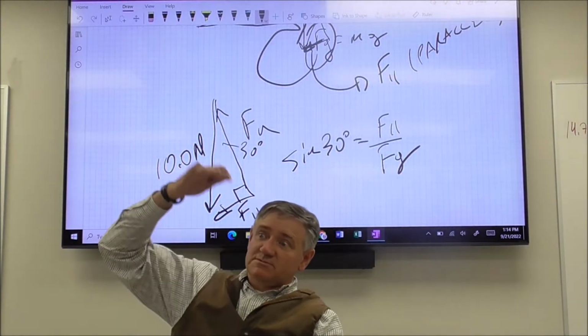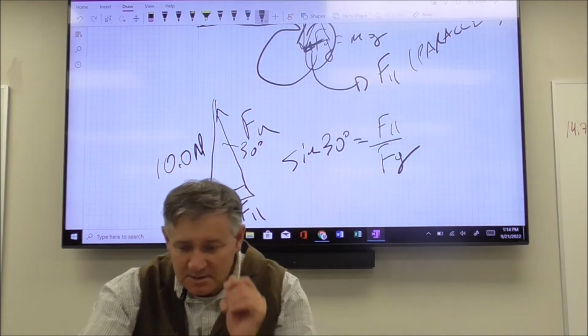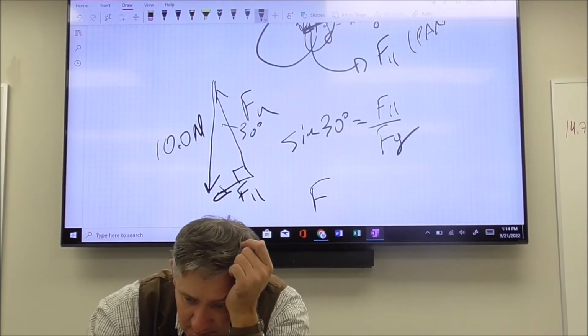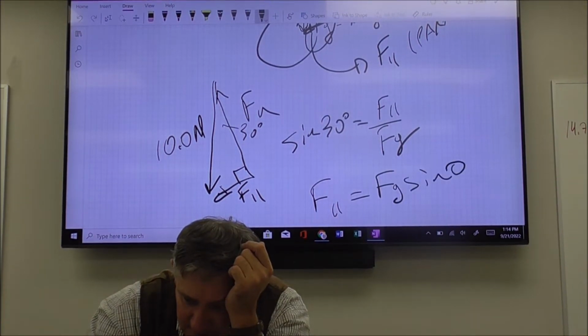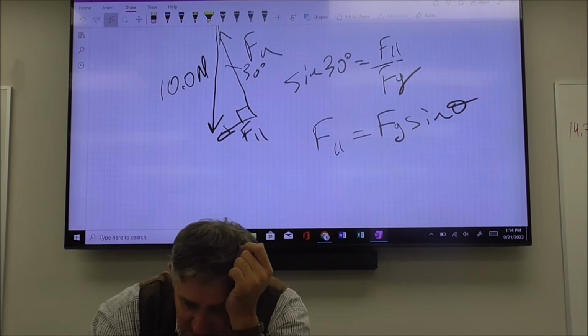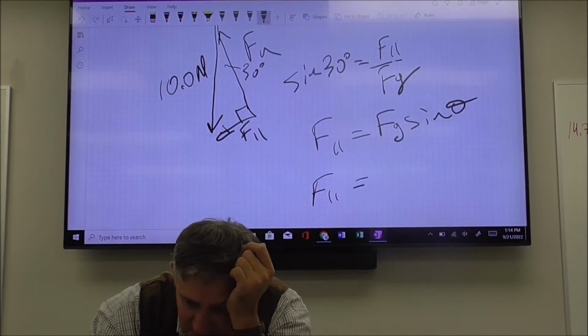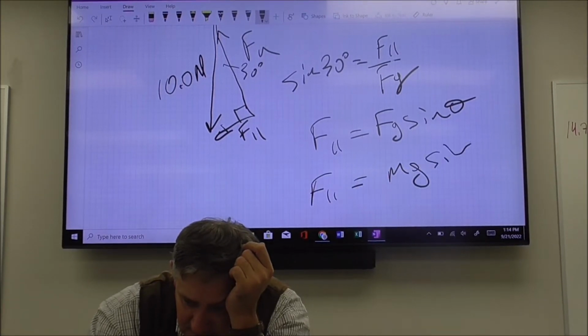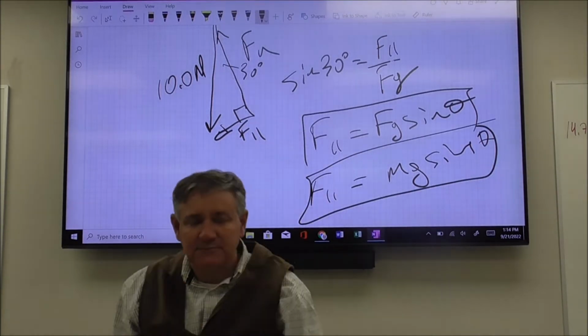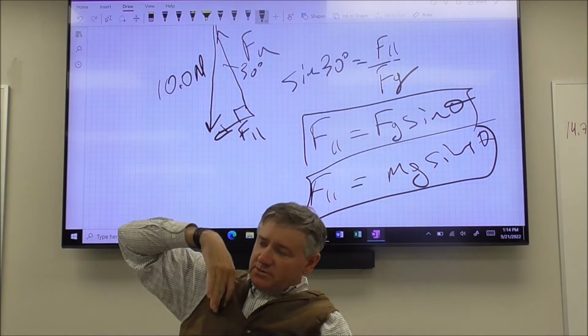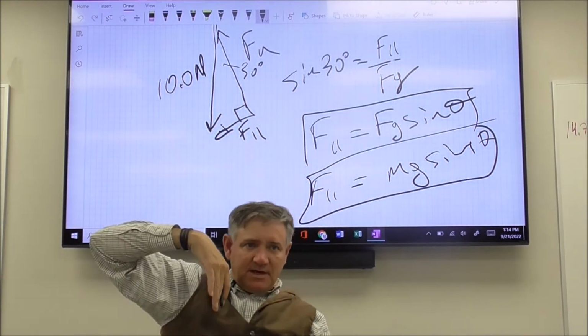So I'm just going to put this in terms of generic things. So my force parallel then is going to be Fg sine theta. Sometimes you'll see it written as force parallel equals mg sine theta. Both of those mean the same thing.